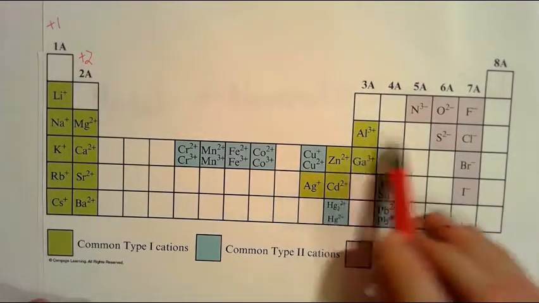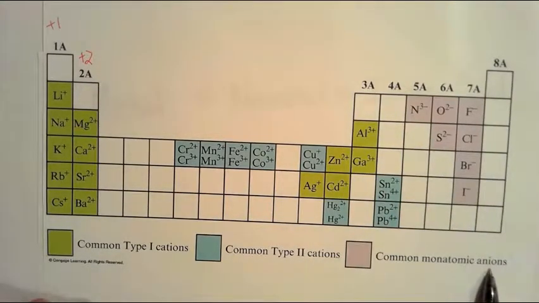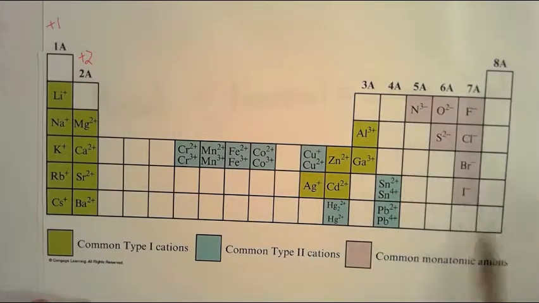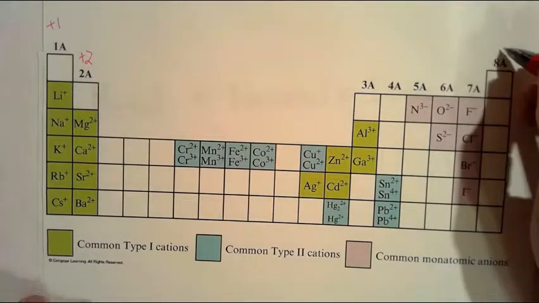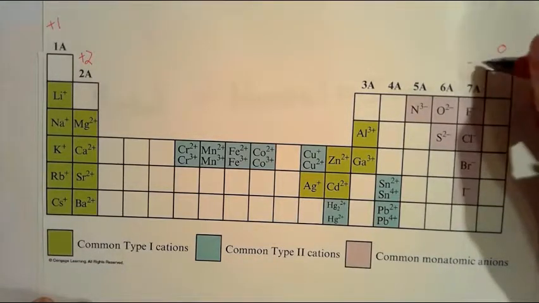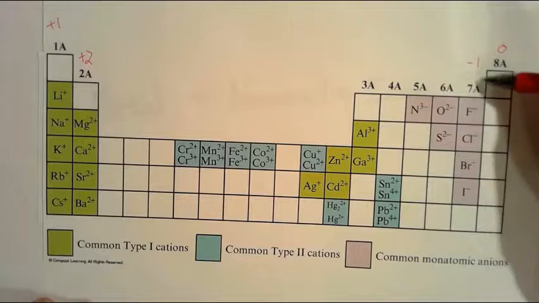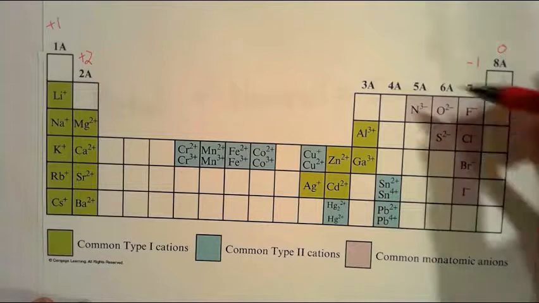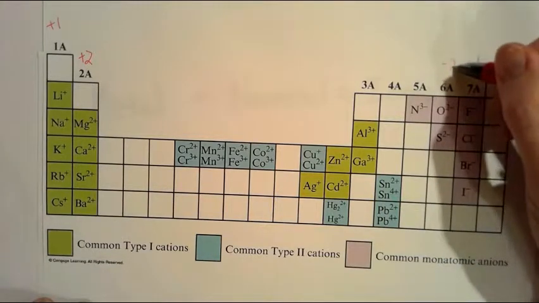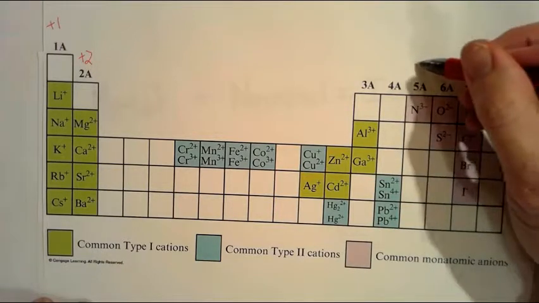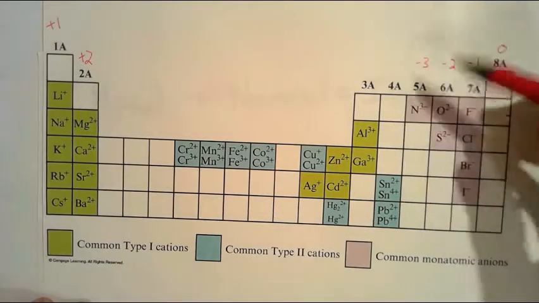Now the anions on the other side, the anions are the nonmetals. These are most frequently your anions. The noble gases will have an oxidation state of 0, and they're not pictured here. The halogens will have an oxidation state of -1. You can see these all have -1. And these, group 6, will have an oxidation state of -2, and then these will have an oxidation state of -3.